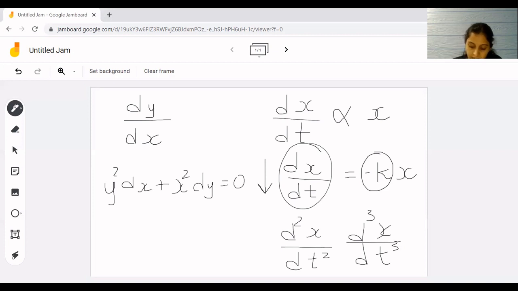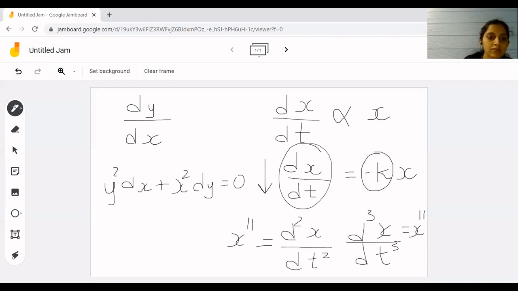The following notations are used for derivatives. Higher order derivatives like d2x by dt square are normally given by x double dash, and d3x by dt cube by x triple dash.